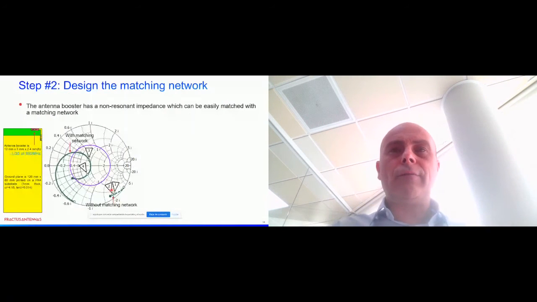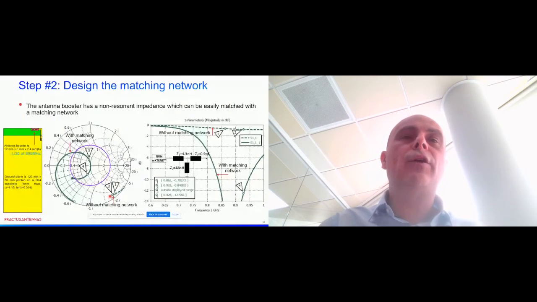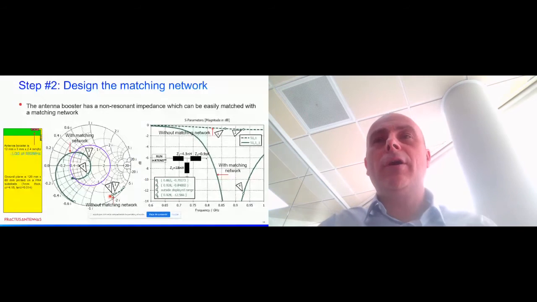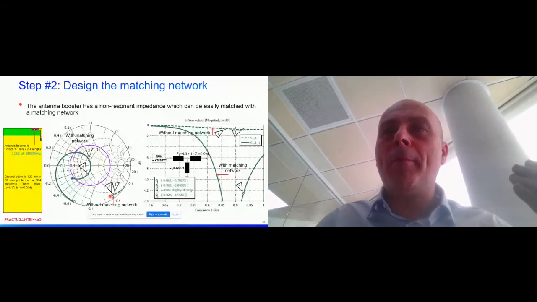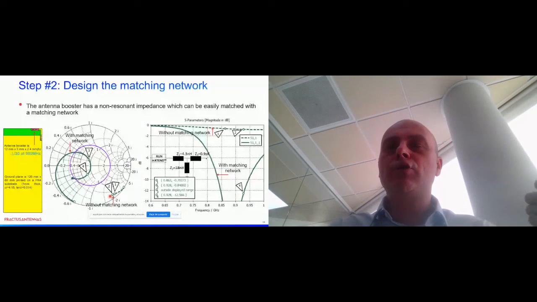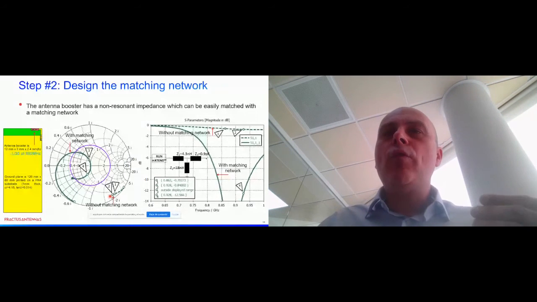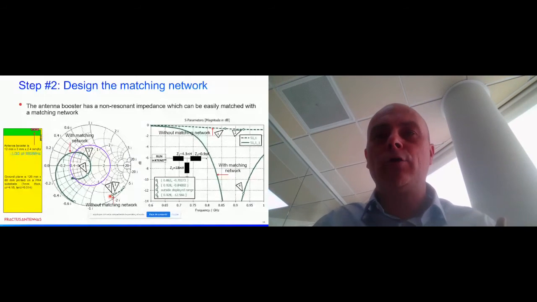But with the addition of a matching network, we can easily move this impedance to the center of the Smith chart. As a result, the S11 can go from a very poor match, as you can see here without matching network, about -1 dB in terms of S11, and with the addition of a matching network, we can improve to very good values below -10, -12 dB.